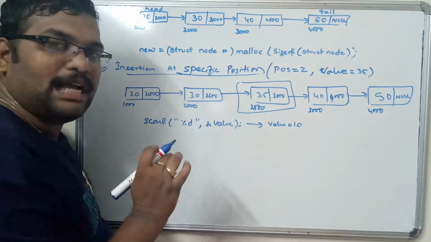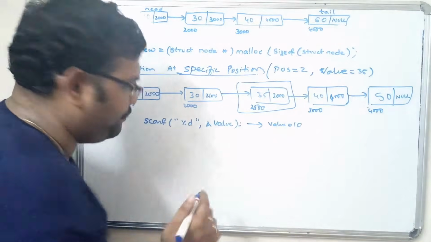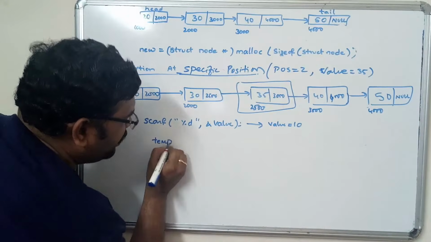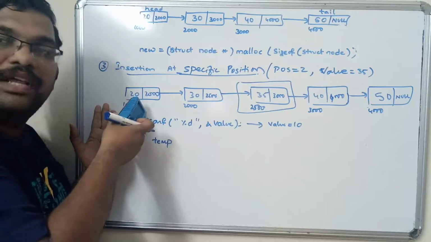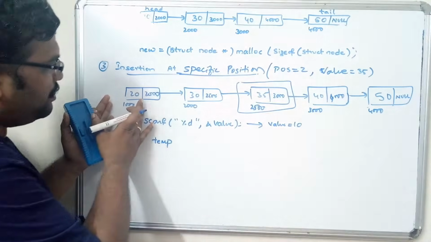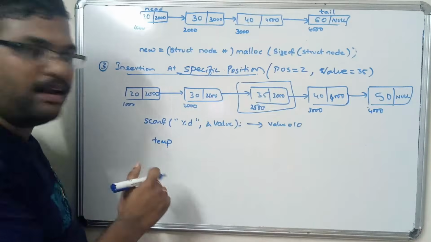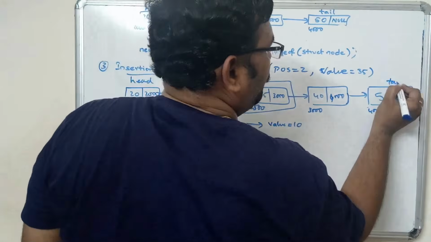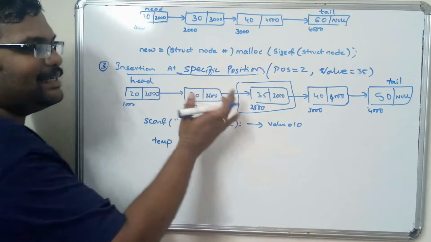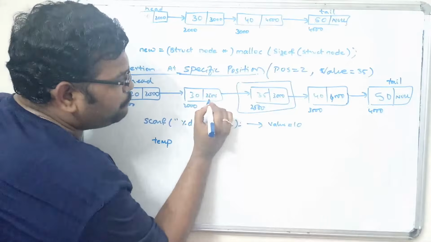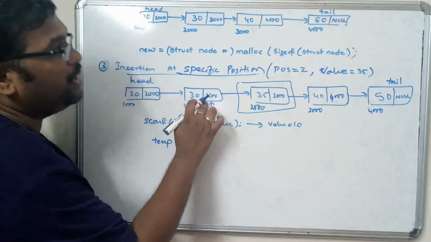Simply we have to establish the link. See, first consider the temporary variable because we need not move the head, right? We need not move the head, just consider the temporary element. So this is the head, this is the tail. So first we have to reach until position minus 1 because this position should be changed, right?